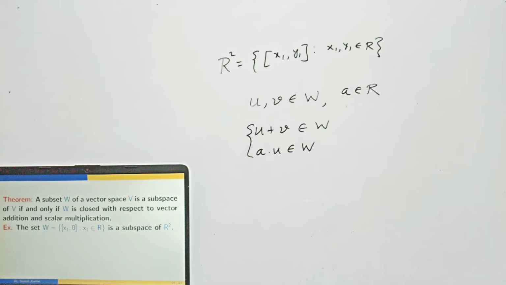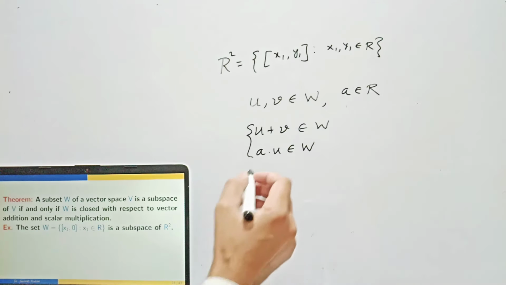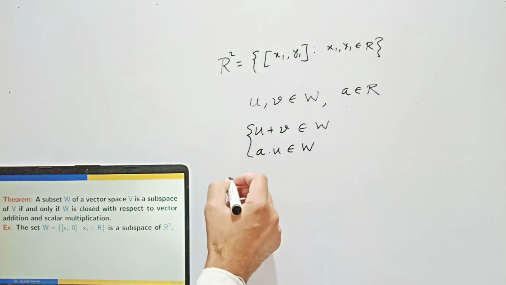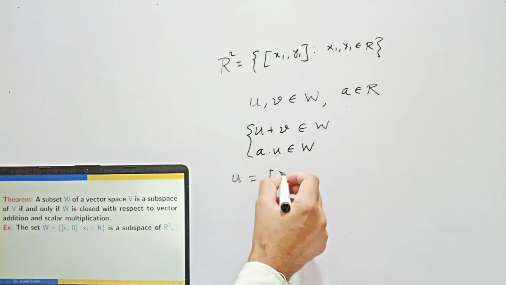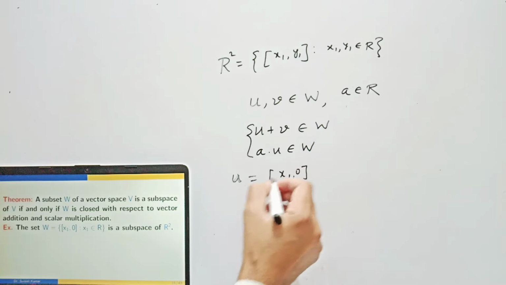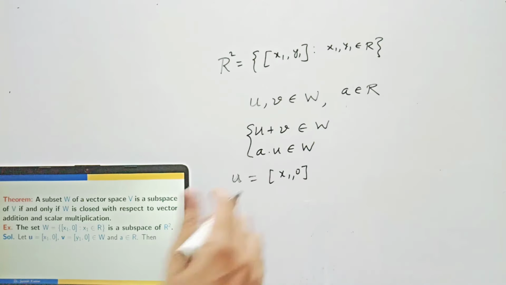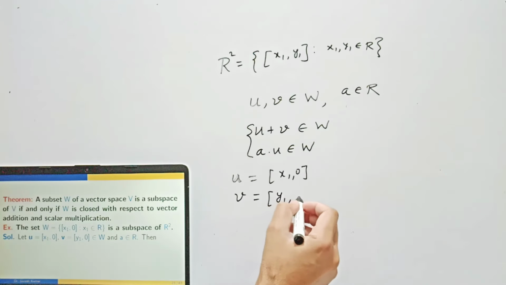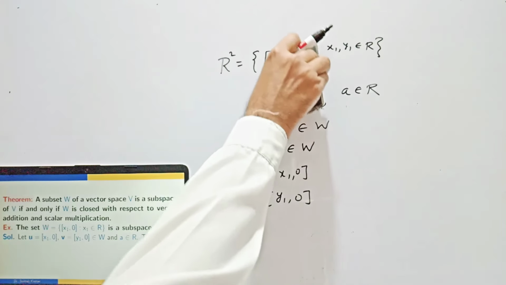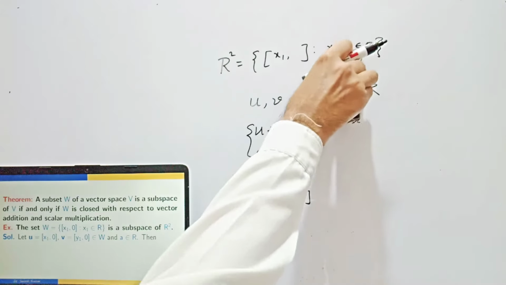So let's see how we can show that W equal to this is a subspace of R2. Choose two members from W. Say u equal to (x1, 0) and v equal to (y1, 0). In the notation, if you want to show x1, x2, it's fine, to avoid the confusion.